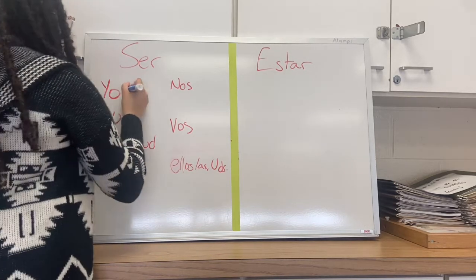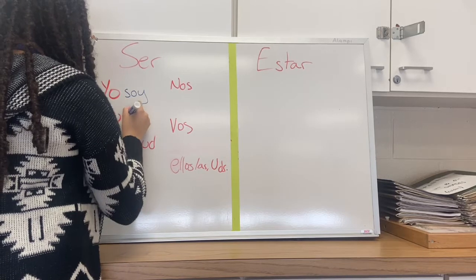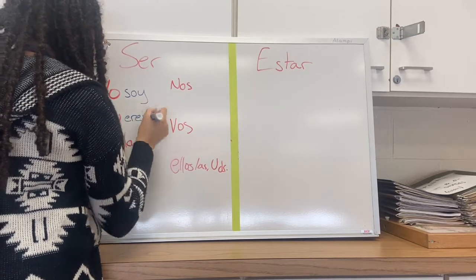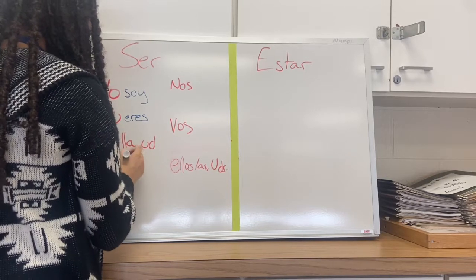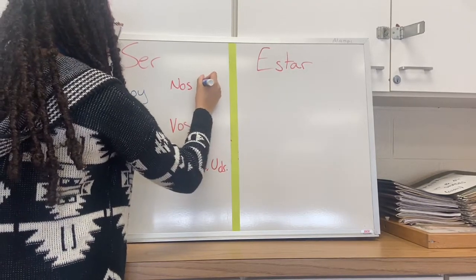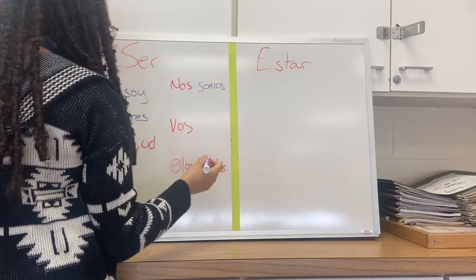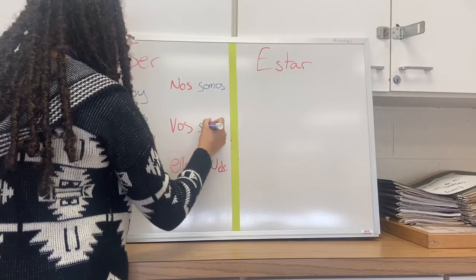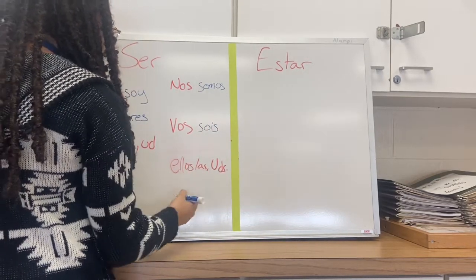We have soy. For tú, we have eres. For él, ella, usted, we have es. For nosotros, we have somos. For vosotros, we have sois. And then for ellos, ellas, y ustedes, we have son.